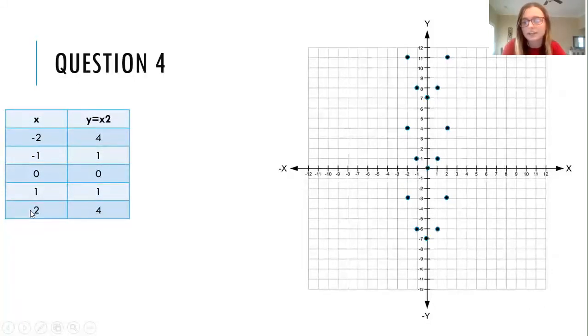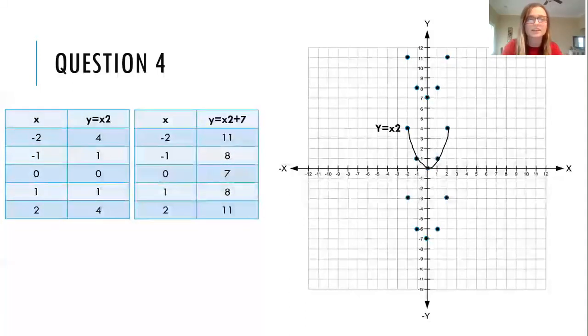And after plugging the numbers in for x and getting my output y, I use these numbers to plot my points. So for this graph, we get this curve for y equals x^2.